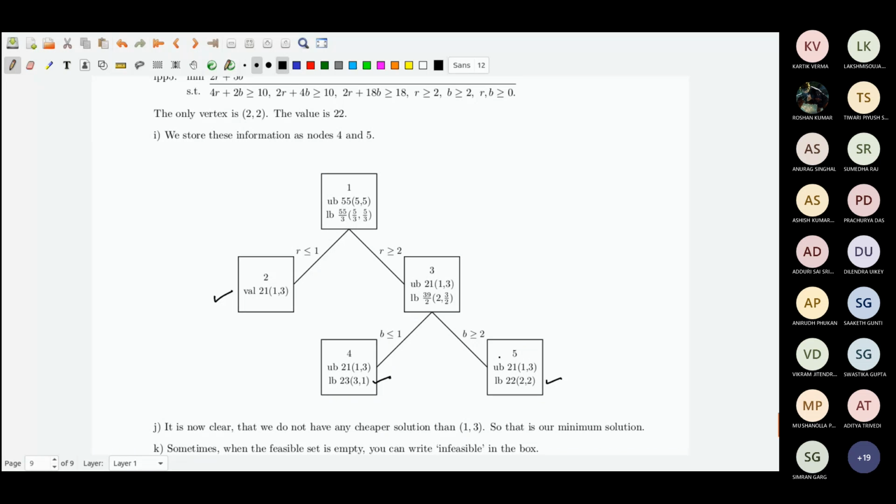Now for all lattice points in node 5, the minimum value is 22. For all lattice points in node 4, the minimum value is 23. So therefore, I do not have any chance of getting a minimal lattice point from there. The only minimum lattice point is 1, 3 and the value is 21.